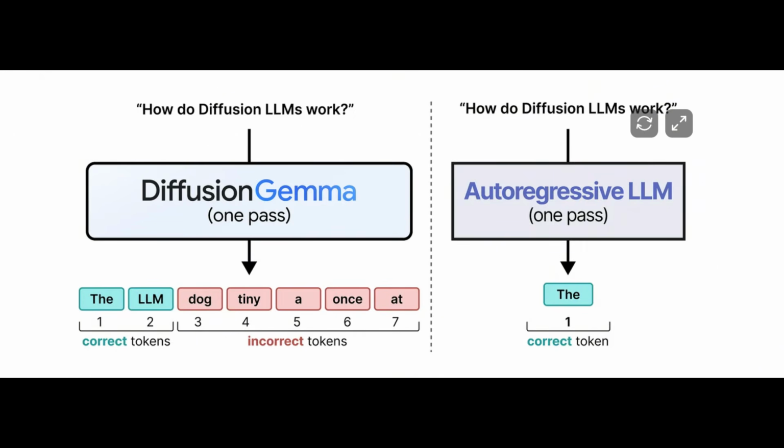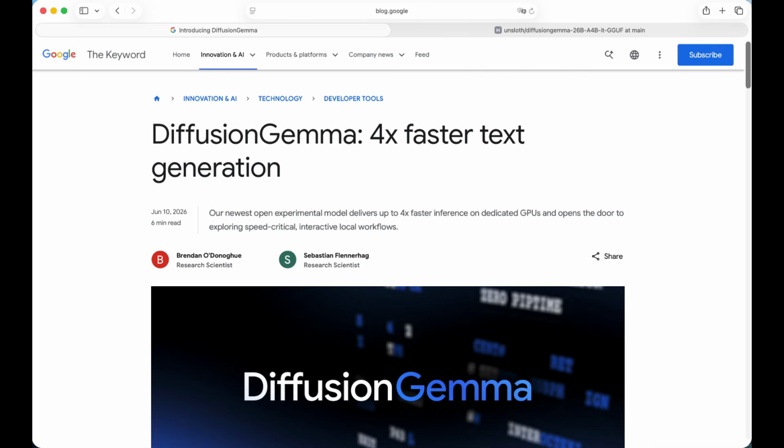On the left side, for the diffusion one, we see that during one pass, it generates multiple tokens. However, the traditional autoregressive model generates one token at a time. So it can give at least 2 to 4 times faster generating speed.